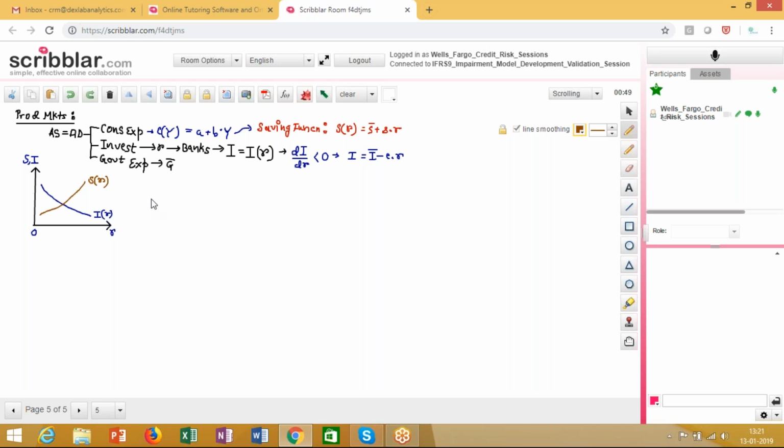Whereas as the interest rate increases, the investments in the economy will gradually start going down. The point where these two intersect will be R0, and this is your equilibrium value of savings and investment.